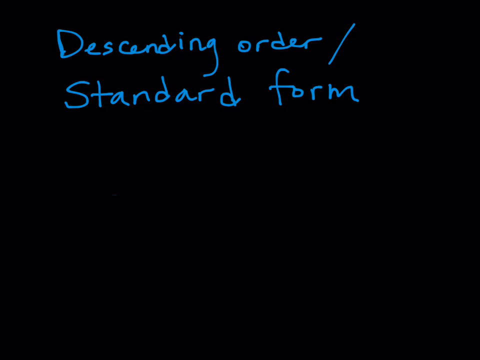The other thing I wanted to mention, your textbook talks about descending order, and they ask you to write polynomials in that form. And they do talk about standard form, but I don't know if they ever actually said in a property box or a definition what they're expecting for standard form. So let me remind you of that.